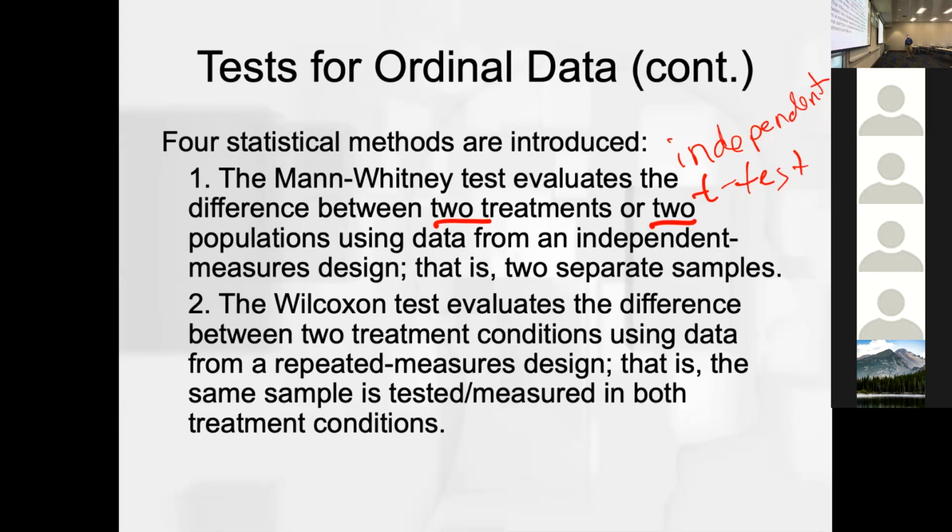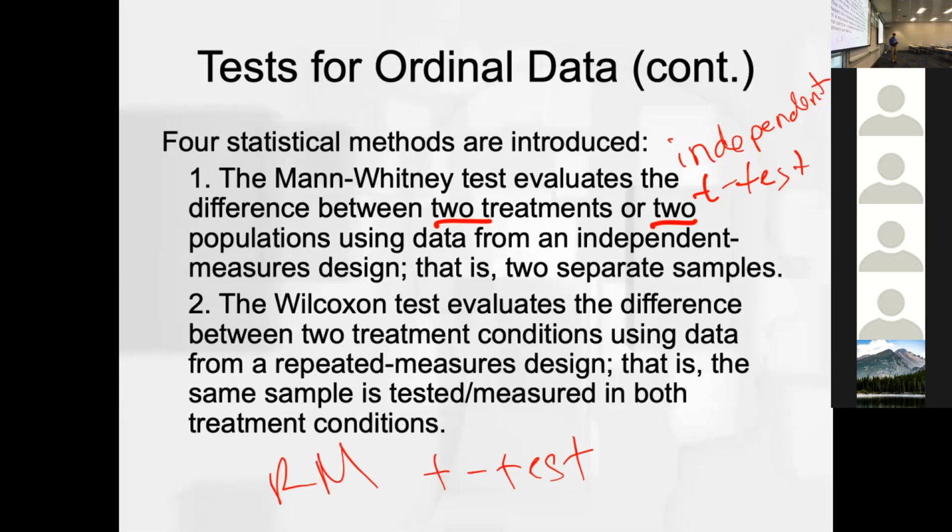So what would be the parametric equivalent of the Wilcoxon test? Yeah, a repeated measures t-test, or sometimes called a dependent t-test.